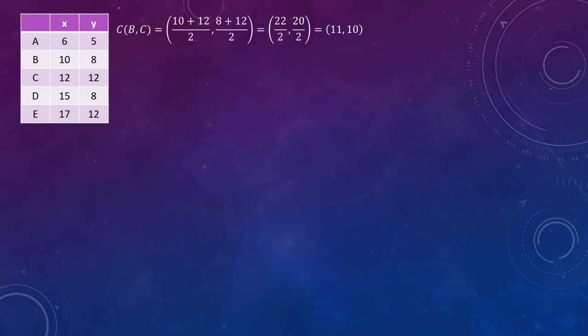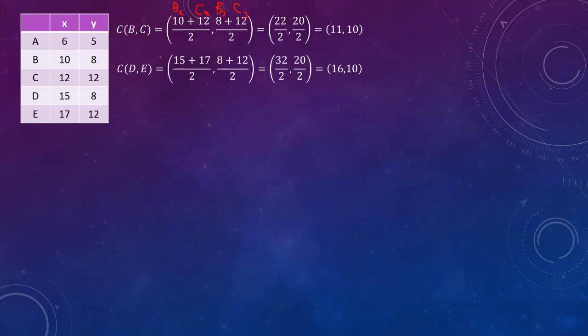So the centroid of BC, you can see we take the average of the x because B's x values, so this is BX, and this is CX, this is BY, and CY. And then we take the average and we end up with 11, 10, and that is the centroid of BC.